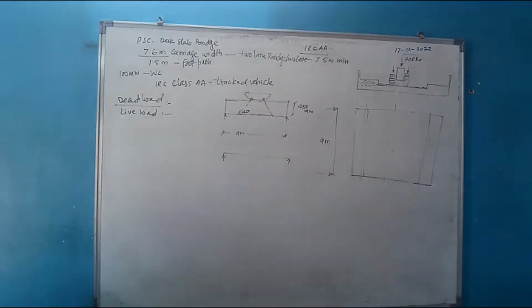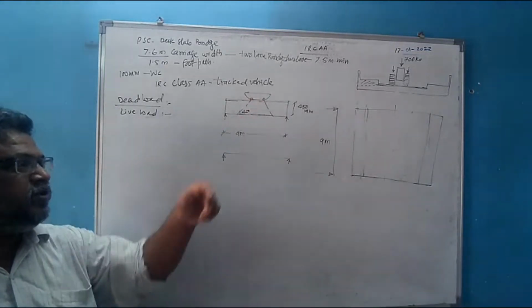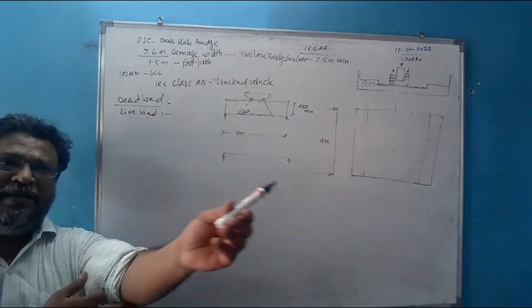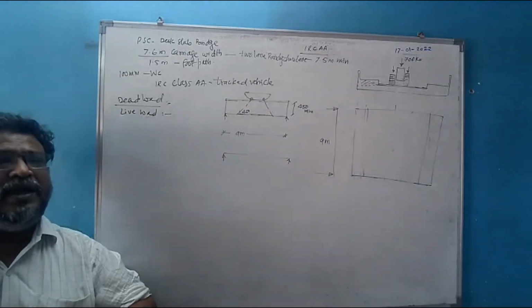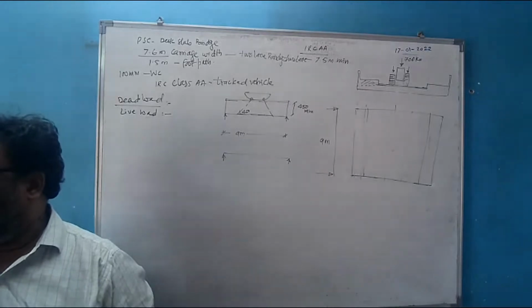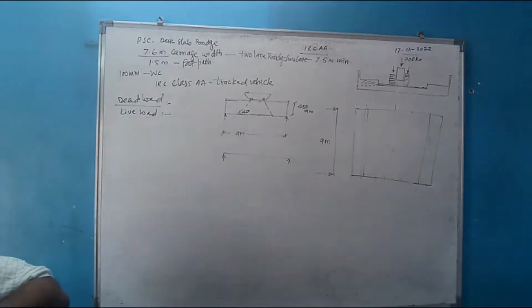That was considered as 50 mm per meter span, a thumb rule. 9 meter is the span. That's why the depth was considered as 450. Before attending a lecture, you should also watch the previous lectures, and I will suggest you to please start making notes in parallel, so that you will understand better.